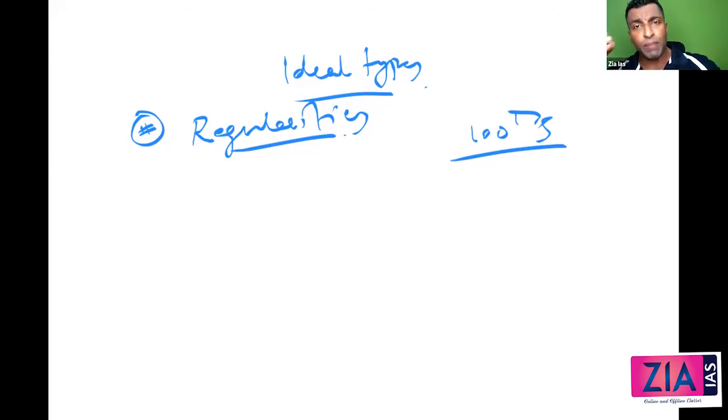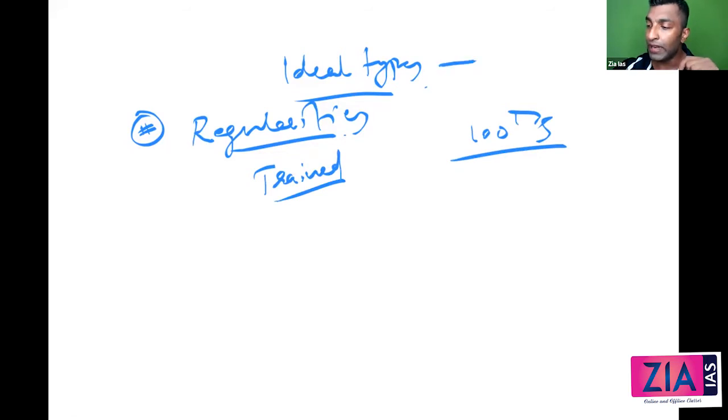And for this, Weber says, in all his approaches, you need a trained investigator. Not everybody can use this method. The problem is, if everybody starts using this method of ideal types like a common man, it is going to be very subjective.